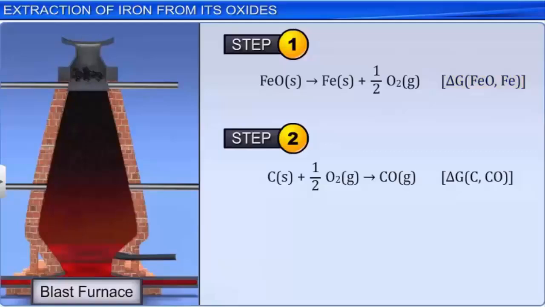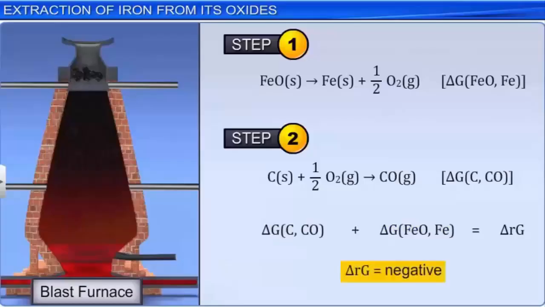In the second reaction, carbon gets oxidized to carbon monoxide. Let the change in the Gibbs free energy be delta G CO. When the two reactions occur, the net Gibbs energy change becomes delta G reaction is equal to delta G CO plus delta G FeO,Fe. This becomes spontaneous when delta G reaction is negative.